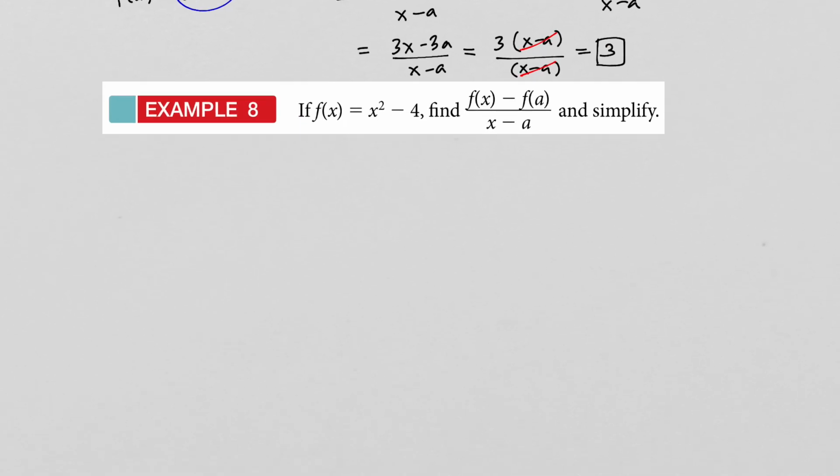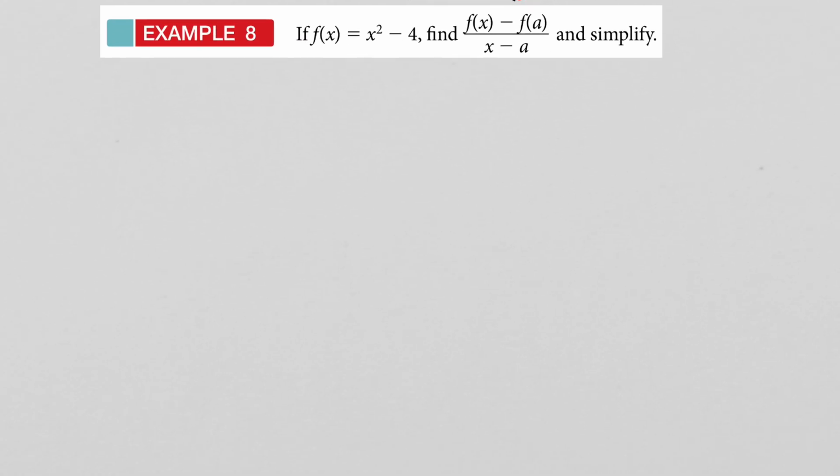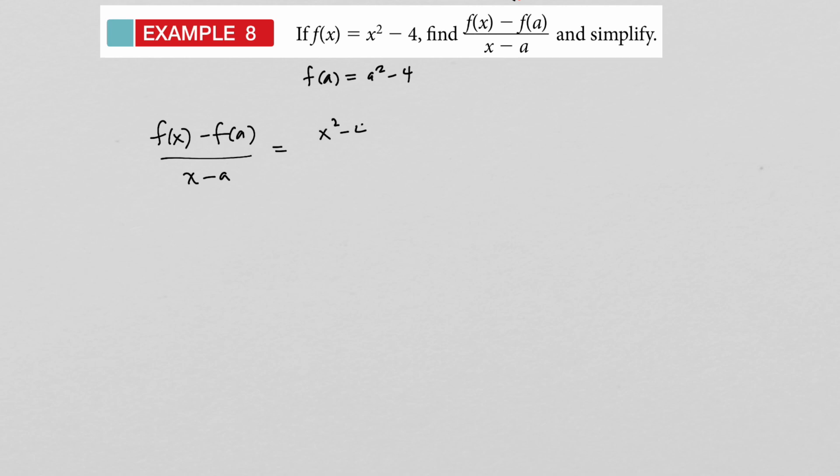For the next example, we have a slightly more complicated function. We have f of x is equal to x squared minus 4. So if that's true, of course, f of a is simply a squared minus 4. And so f of x minus f of a divided by x minus a is going to be x squared minus 4 minus the quantity a squared minus 4, divided by x minus a.